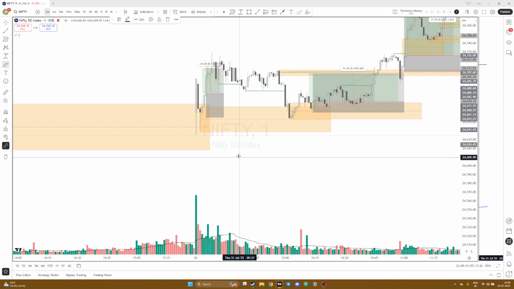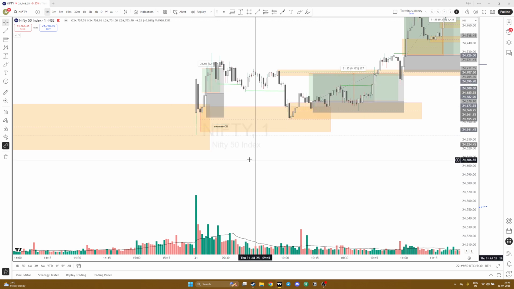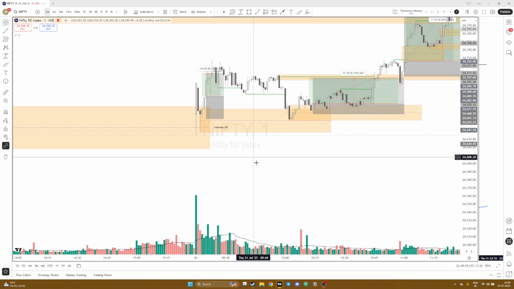Okay, so this zone got confirmed, and this red candle marked the reverse order block. From now on I will just write it as ROB. This is reverse order block, this red candle here, and this gives me a good upward side momentum.